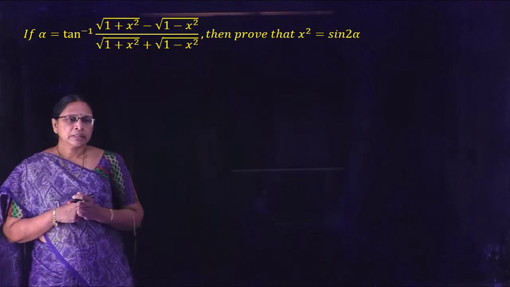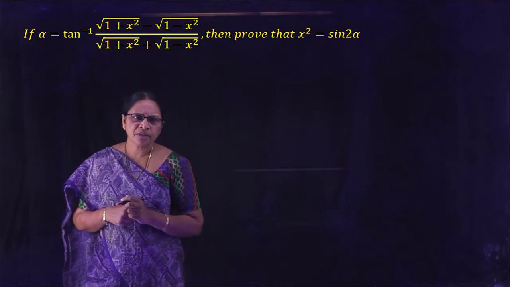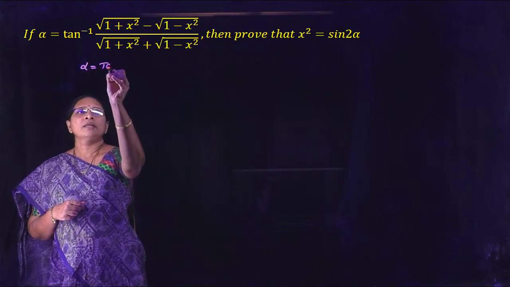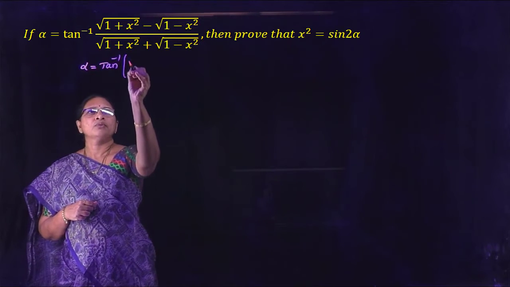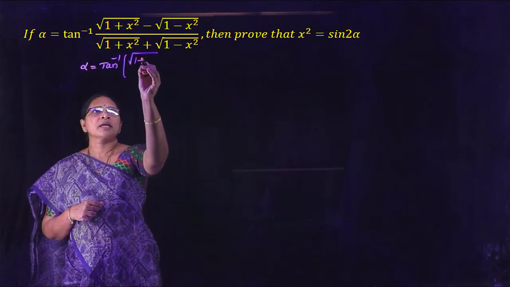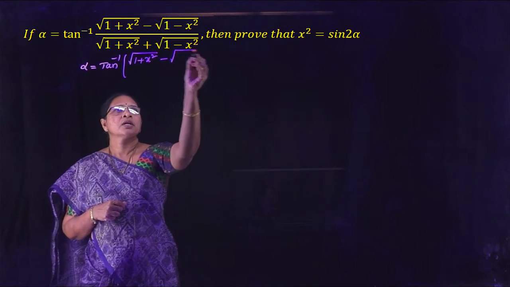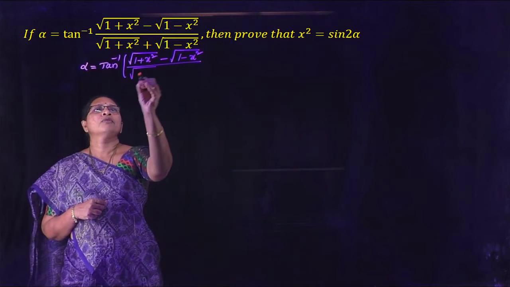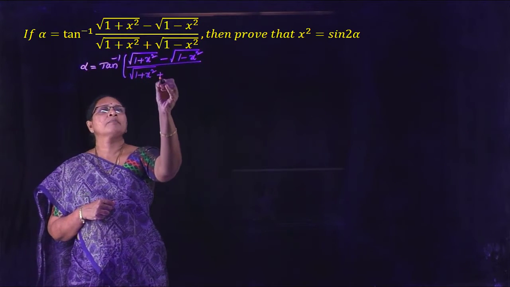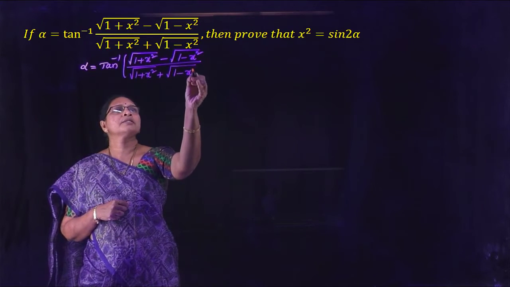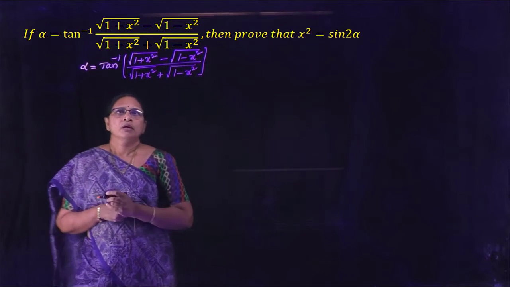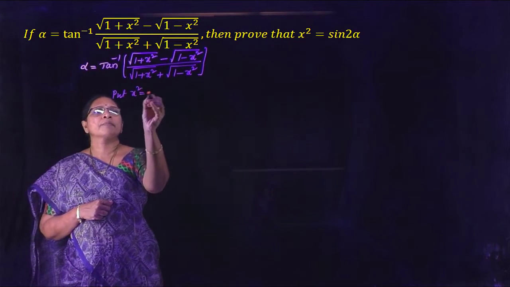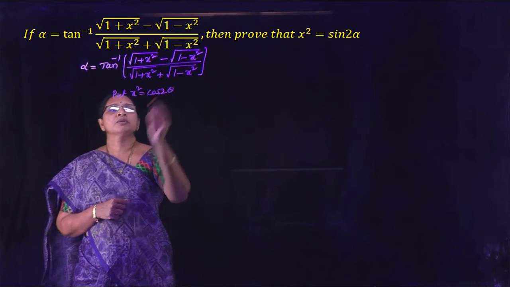According to the given problem, the given equation is alpha equal to tan inverse of root of 1 plus x square minus root of 1 minus x square by root of 1 plus x square plus root of 1 minus x square. Put x square equal to cos 2 theta.